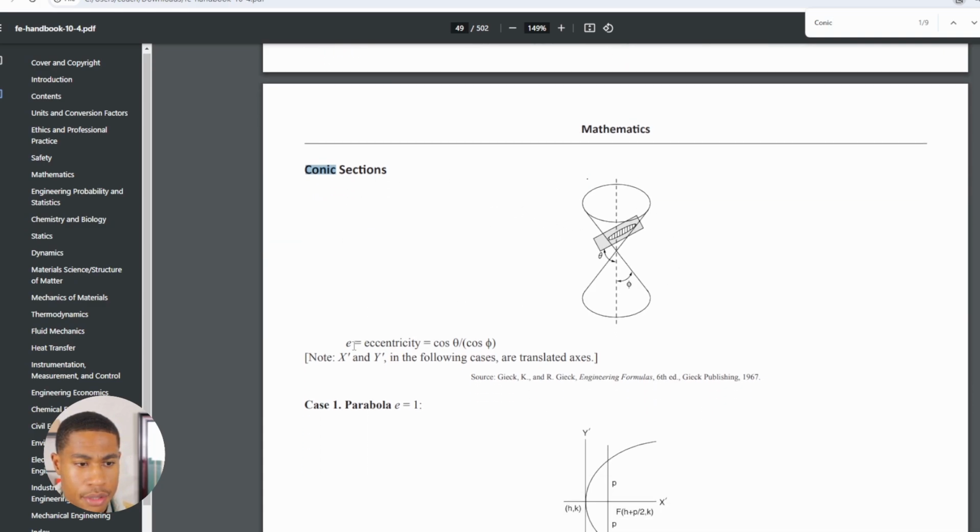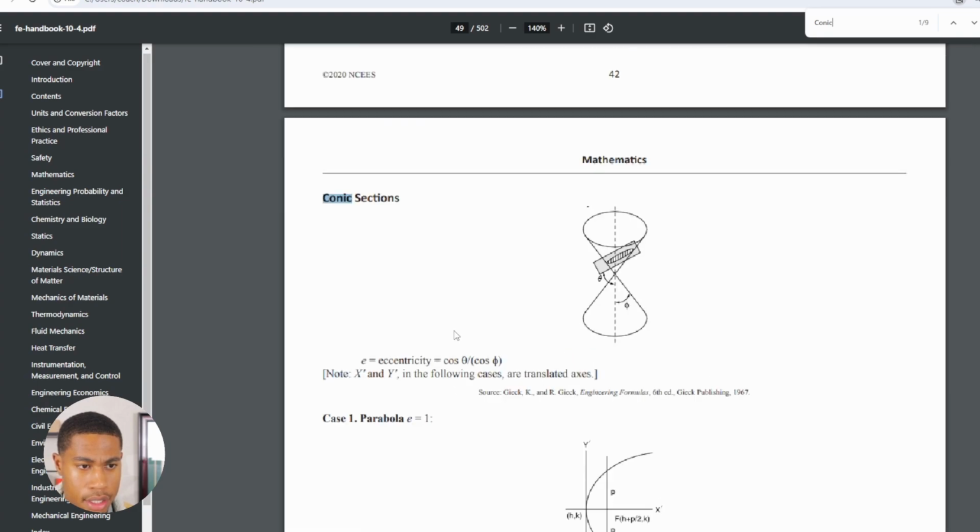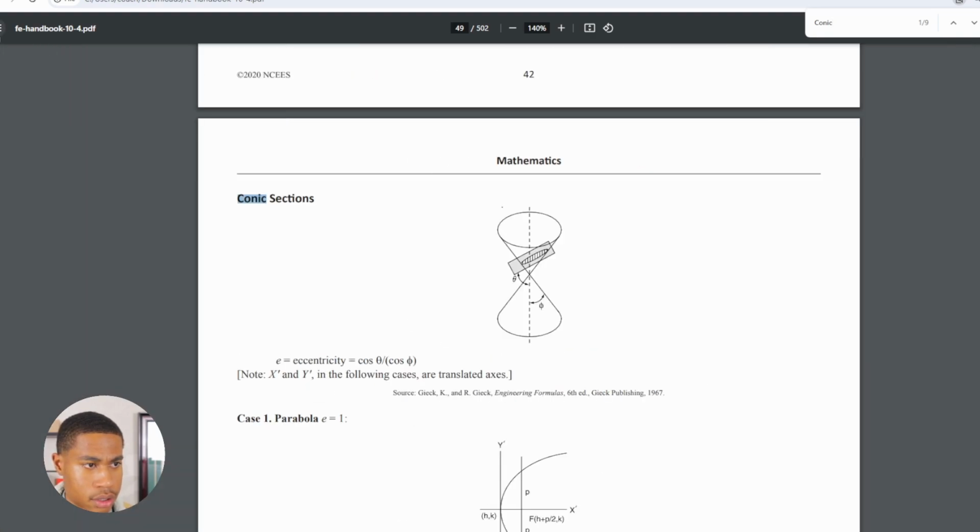There are a few different cases that we want to look at. The reason we're diving into this is because on the test, they're going to give you equations of different types of shapes. So you have a few different cases here.